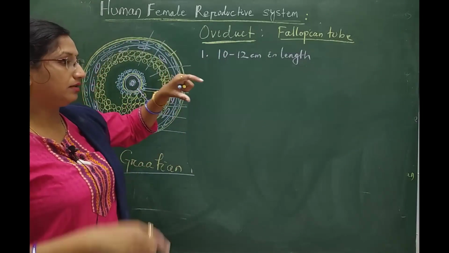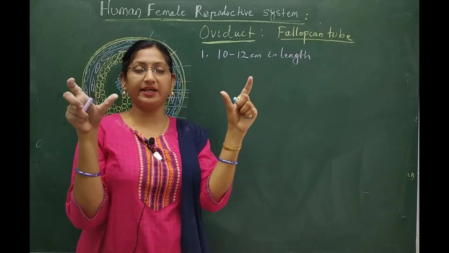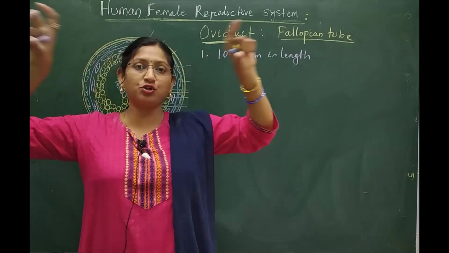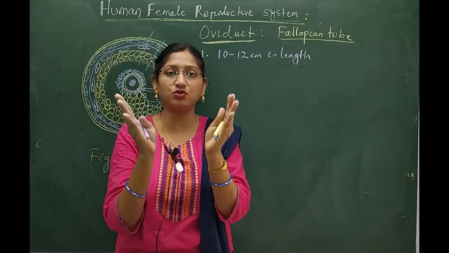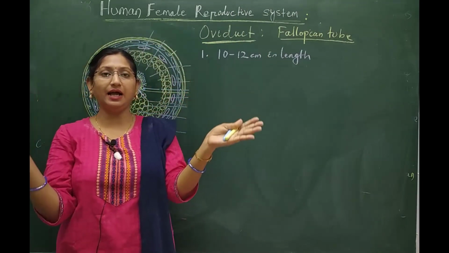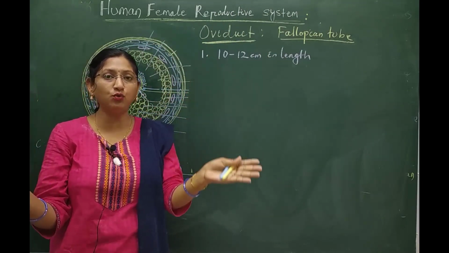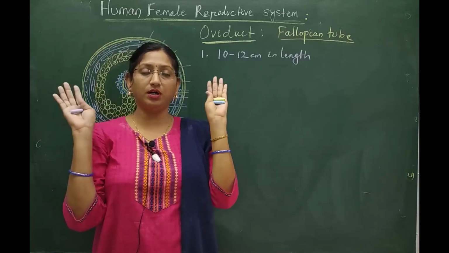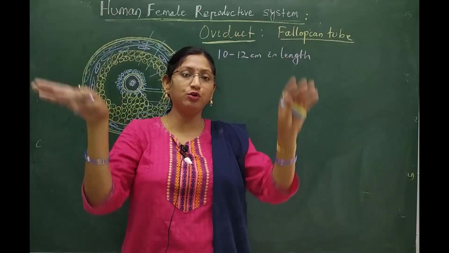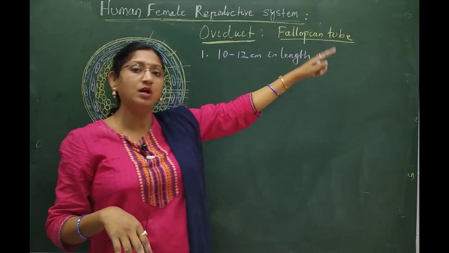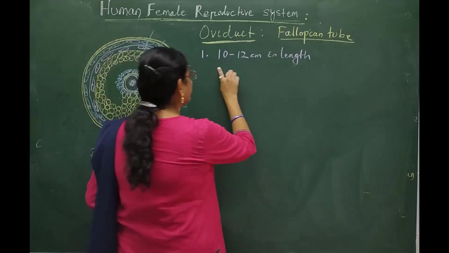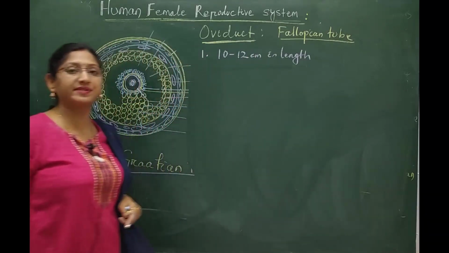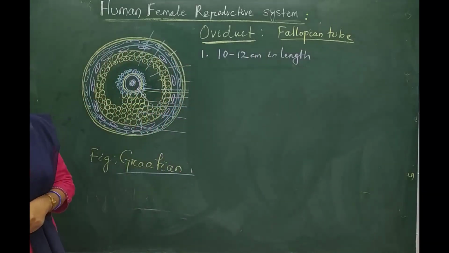Each ovary is attached with a tube-like structure to the wall of the uterus. The uterus on either side gets attached with the pair of ovaries with the help of a tube called oviduct or fallopian tube, as we discussed in our previous class. This tube is about 10 to 12 centimeter in length.